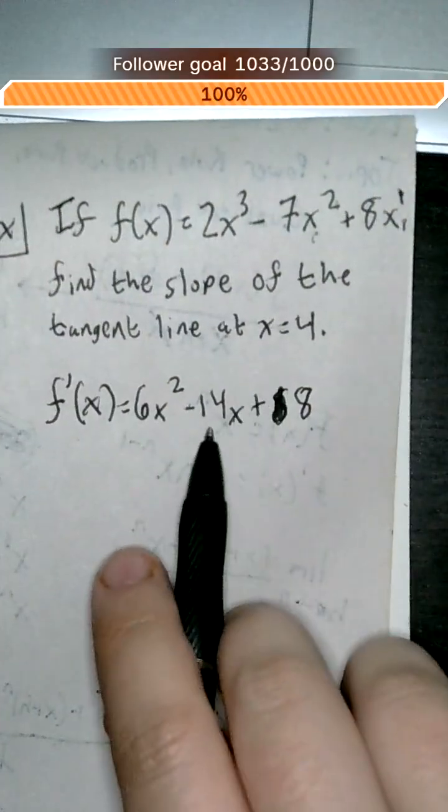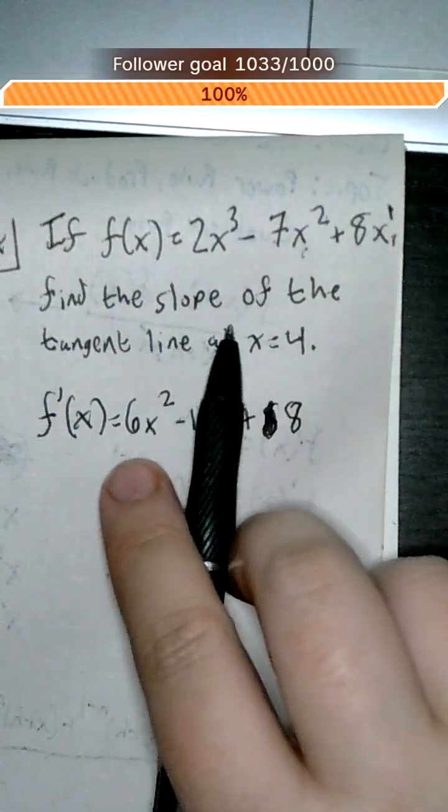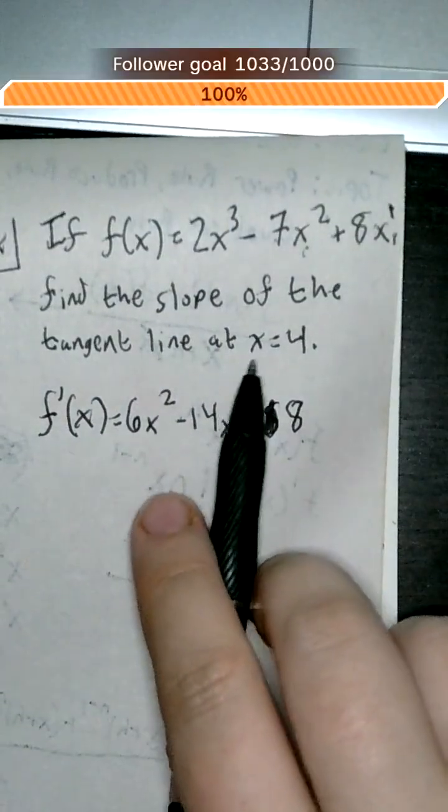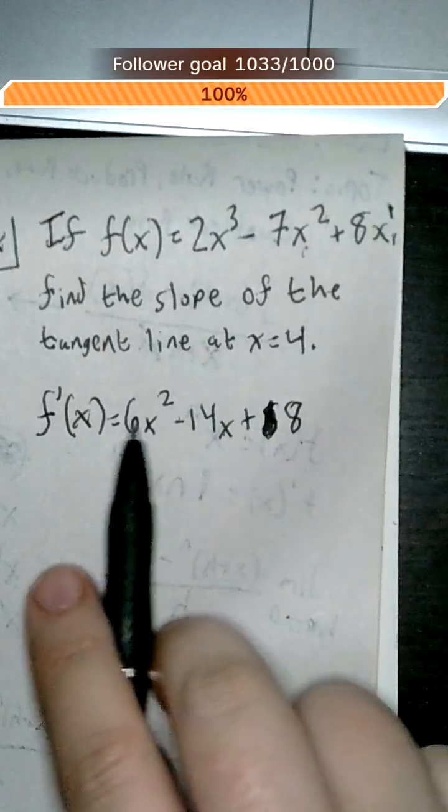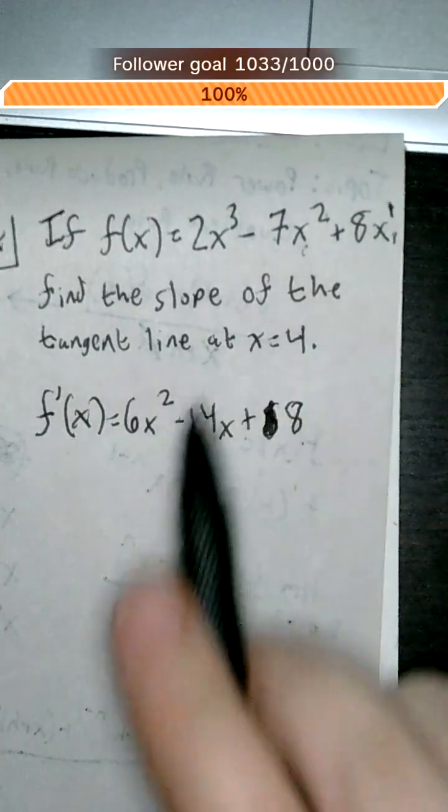But it's not asking for the derivative, it's asking for the slope of a tangent line at this point. So derivative tells the story of the slope, which means I have the derivative. Now I'm going to plug in 4.